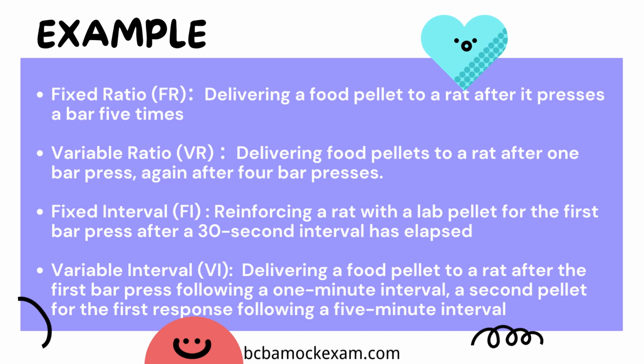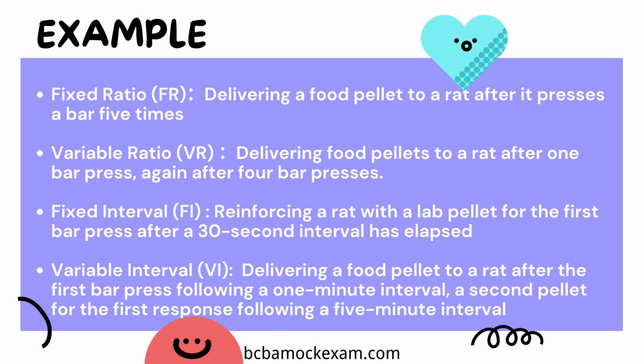The exact number of bar presses required for reinforcement varies unpredictably, but on average, it converges around the designated ratio. This unpredictability keeps the rat engaged and motivated to continue pressing the bar.